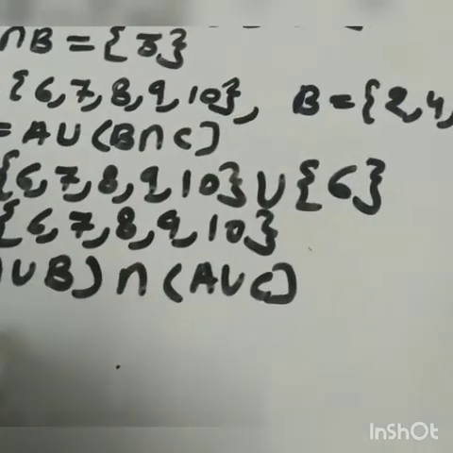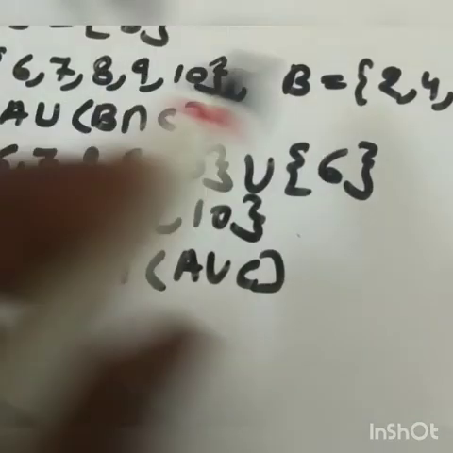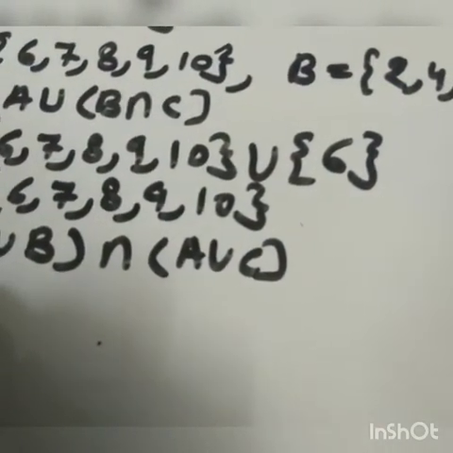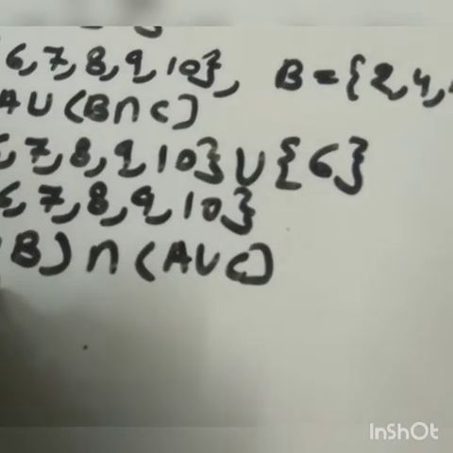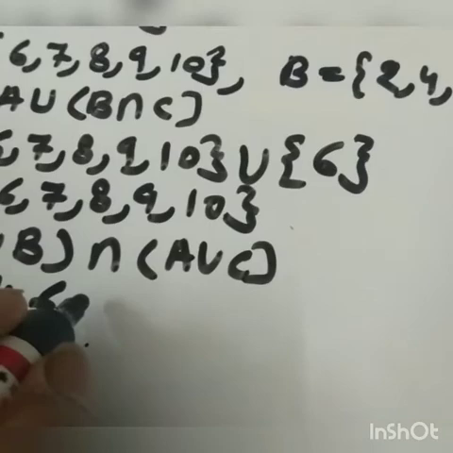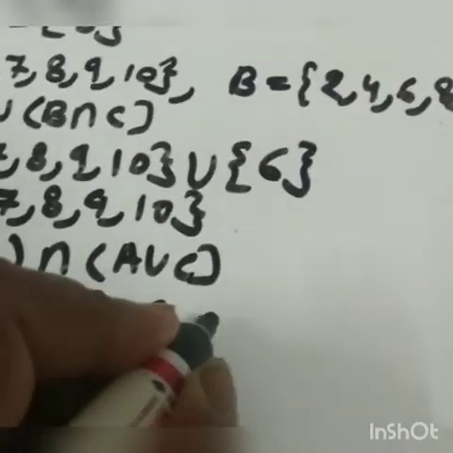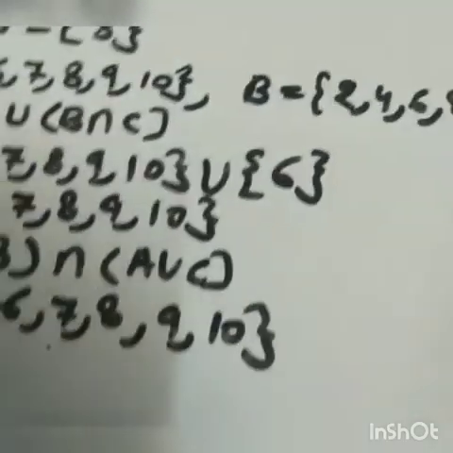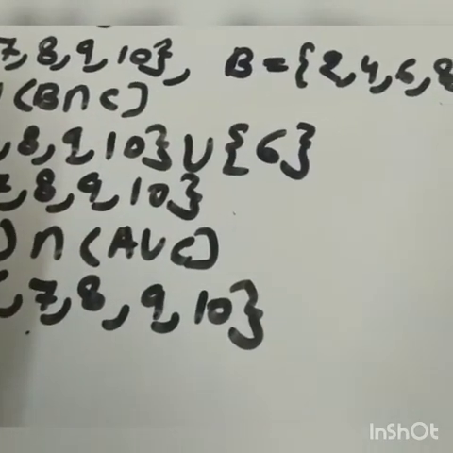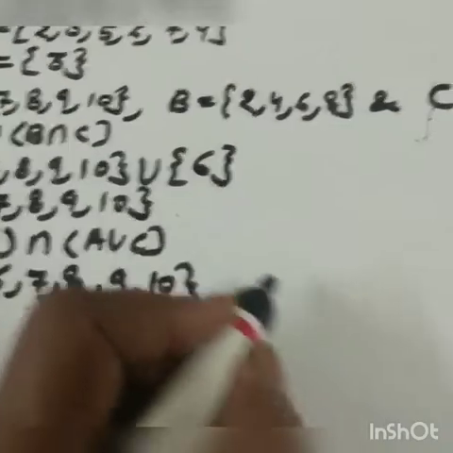So A union B will be, write down all the elements of A and B: 2, 4, 6, 8, 7, 9, 10. I hope it is clear. Is it okay? Now intersection.